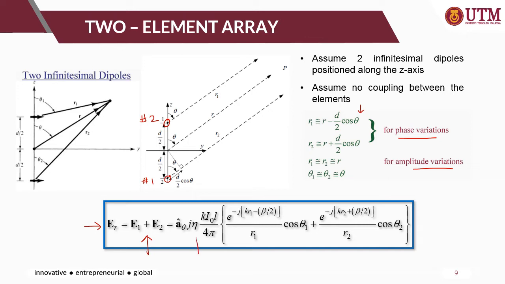So this is the intrinsic impedance, and k is the wave number, I naught L is the length of the antenna, multiplied by this complex function. Again, beta is the excitation phase difference between the elements.